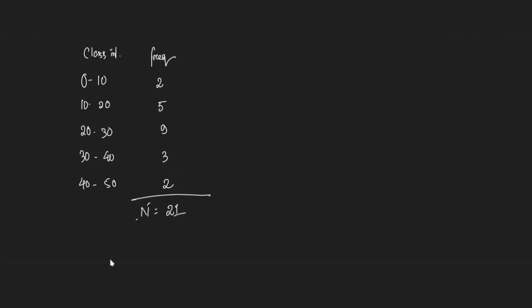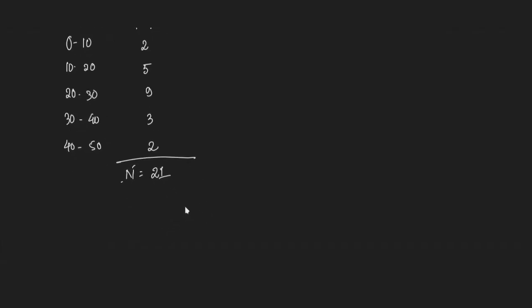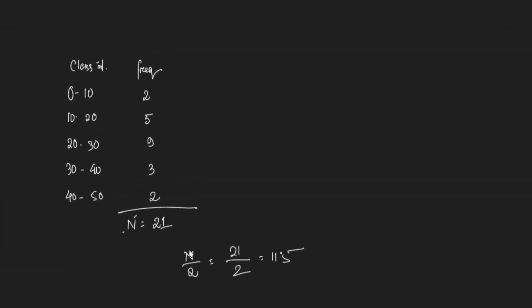So your total frequency n is 21. First you have to find n by 2. So n by 2 means 21 by 2, which is 10.5. In the case of median we use the concept of cumulative frequency.